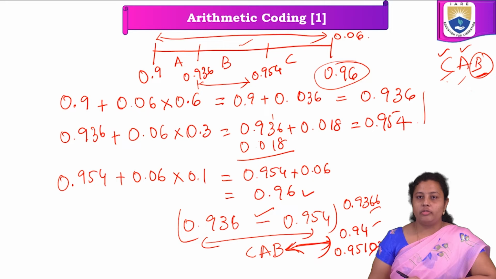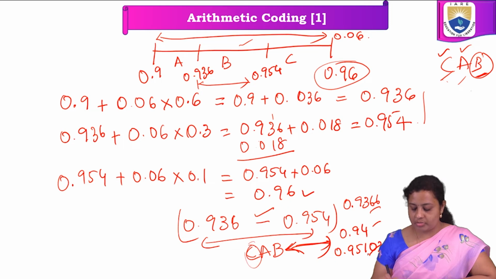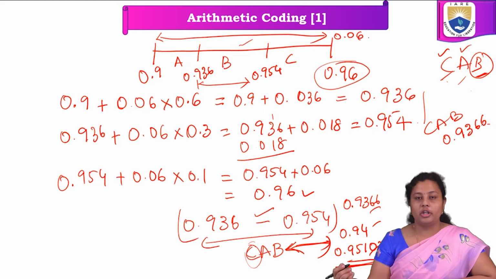So how did we code it? There is no one-to-one correspondence between each of my code symbols and my coded word. Suppose I am using the sequence CAB, I am coding it by the arithmetic value 0.9366. So this value is an arithmetic value, so we are calling it arithmetic coding.